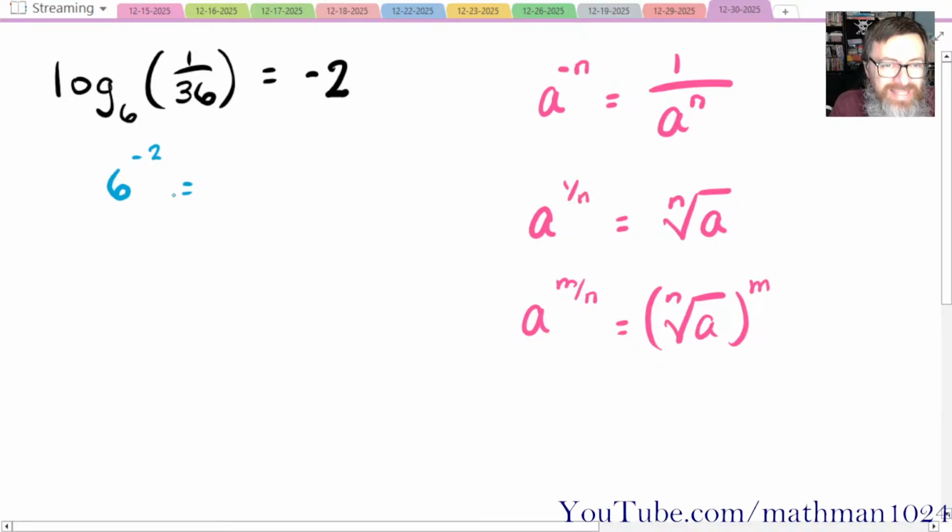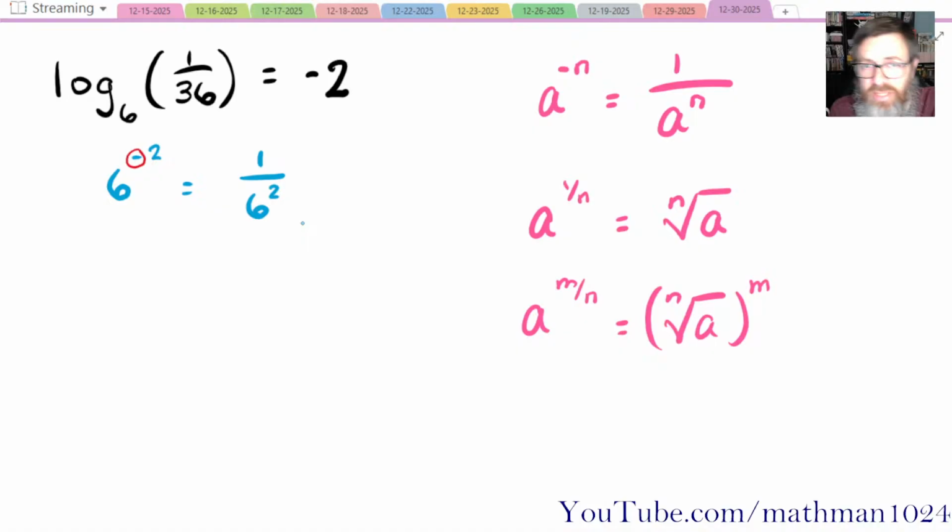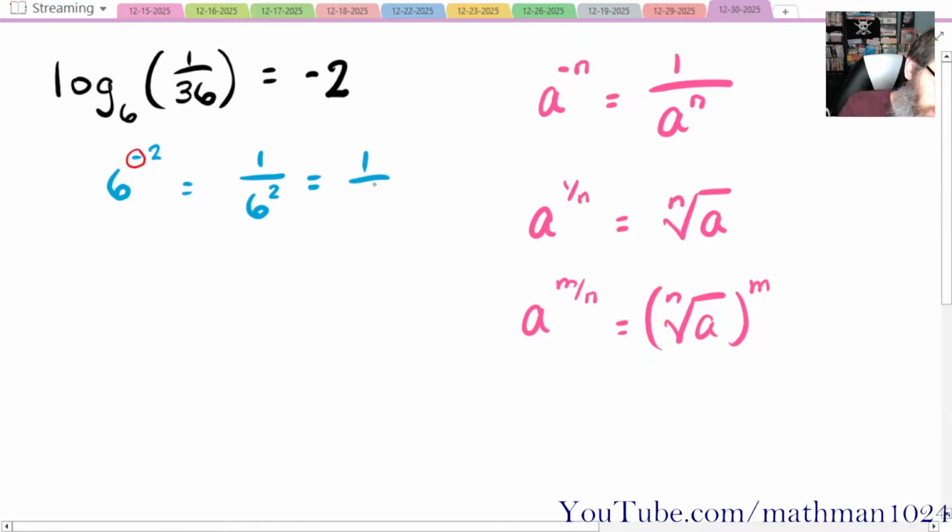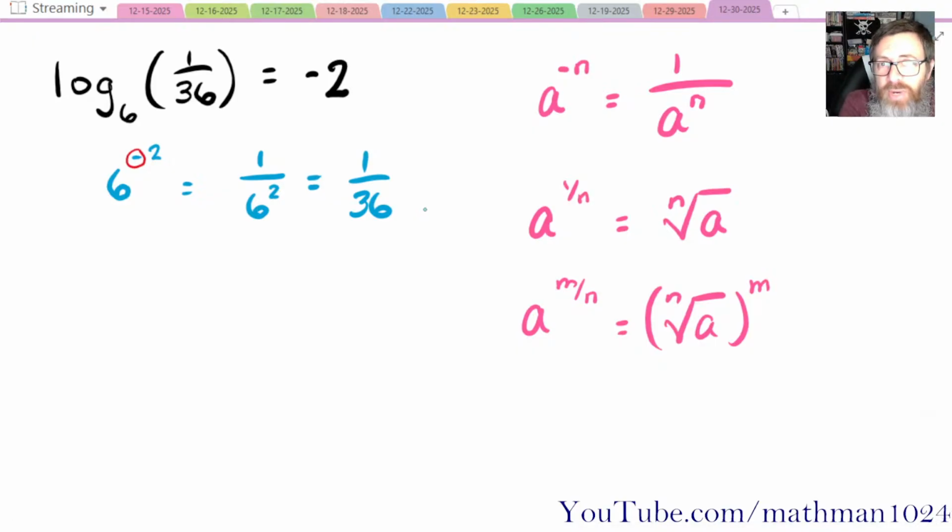The way that we get that is that we first apply the negative here, and that makes it 1 over 6 to the positive second power. Again, the negative power does not mean a negative number. It means you do the reciprocal. And so when we work this out, we get 1 over 36. This is how we work with this particular logarithmic expression.